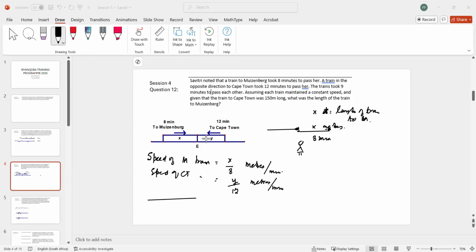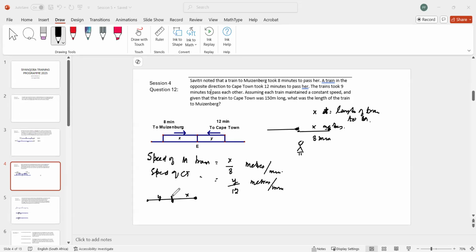To pass each other, what will happen is the total distance covered here. When they're passing each other, the end of the X train will be here, and the Y train will be here.